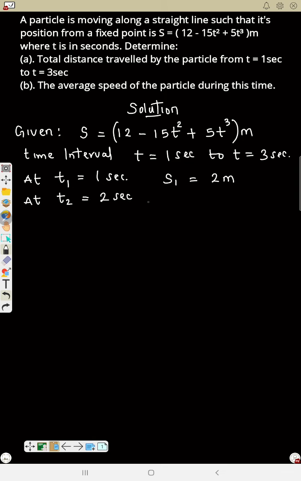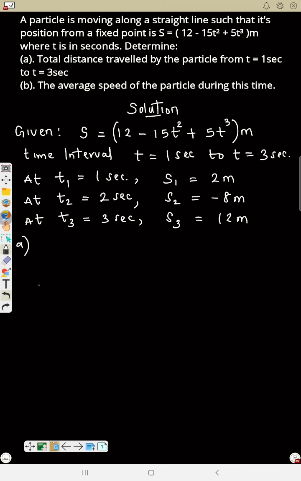At t = 2 seconds, the position of the particle is -8 meters. Then at t = 3 seconds, the position of the particle is 12 meters. Now let's take the A. We want to find the total distance traveled by the particle from t = 1 second to t = 3 seconds.